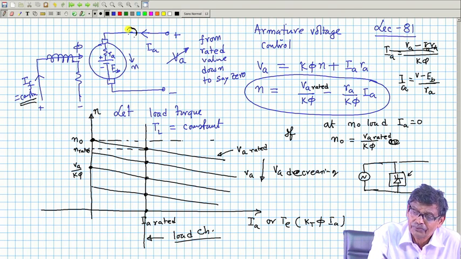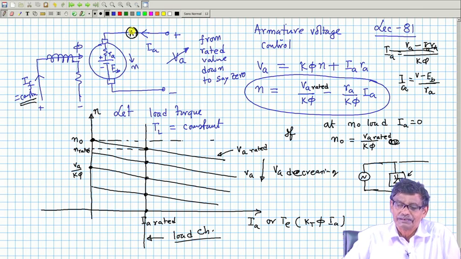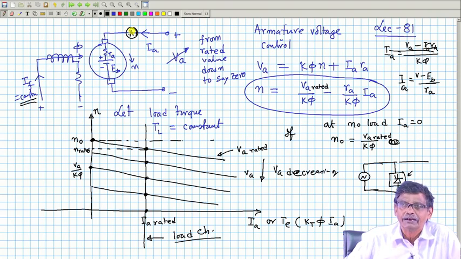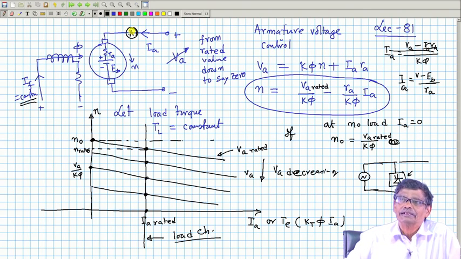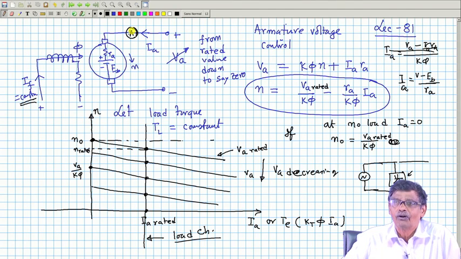And that is what we always try to see. Okay, DC motor, 20 ampere is the rated current, let it carry always rated current. No point in running the machine to carry 10 ampere current all along. What is the point?